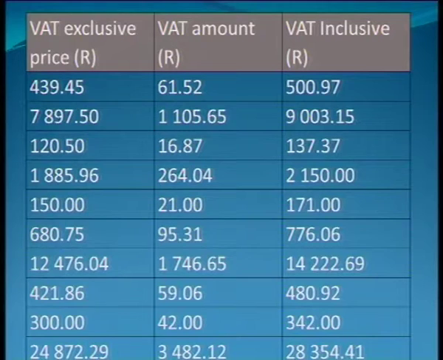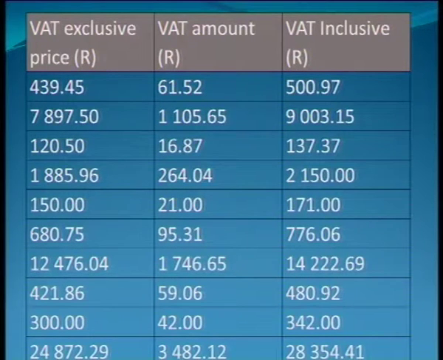Your VAT inclusive amount is the total of your VAT exclusive price plus your VAT amount, meaning 439.45 plus your 61.52 equals your VAT inclusive amount of 500.97. That's how you calculate all of these.